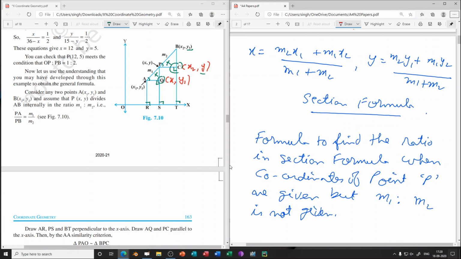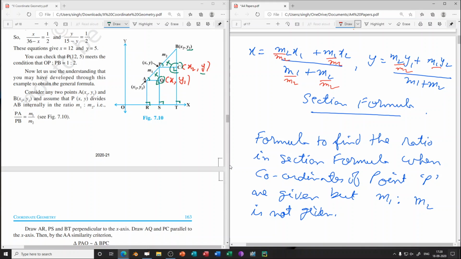Here, this is the formula for finding the coordinates of point P. In this formula, we will simply divide the numerator and denominator both by m2. So this is m2, this will be m2, this will be m2, and this will be m2. Same way here also.